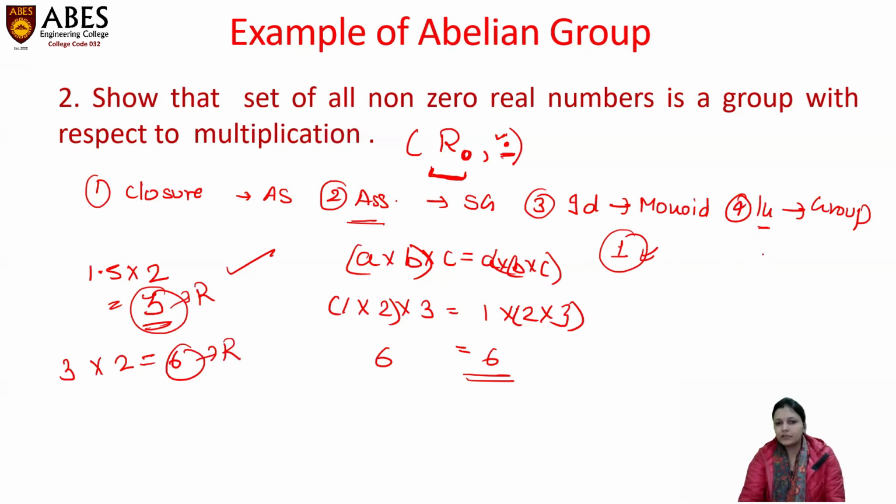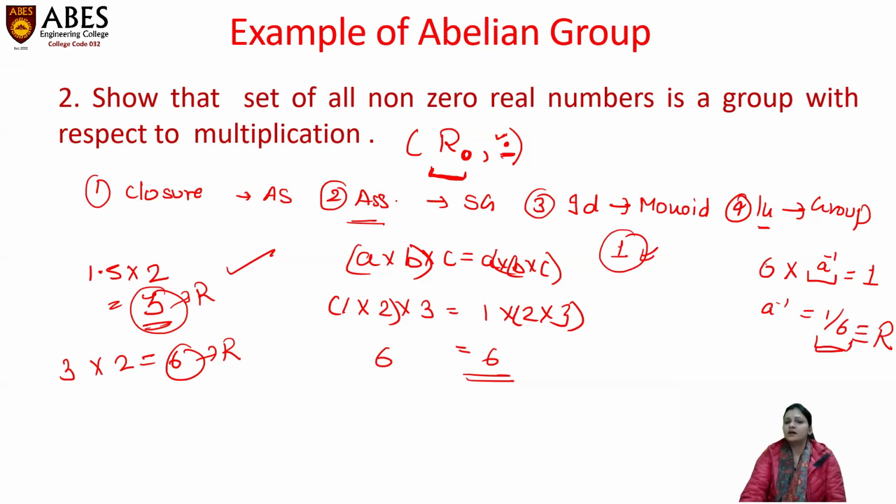And now we will check for inverse of each element of this set. So how to find the inverse of an element? Consider any element, any real number, for example, it may be 6. What should I multiply with 6 to get the identity element? Let's take it as A inverse. So A inverse will be 1/6. 1/6 is a real number. 1/6 is always a real number.